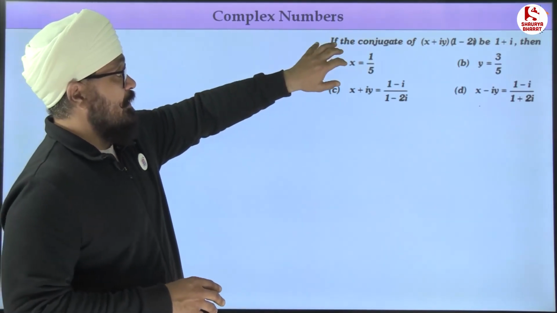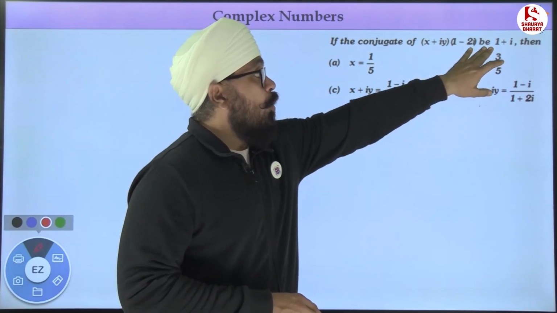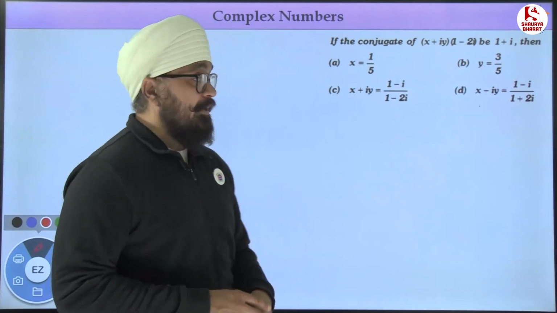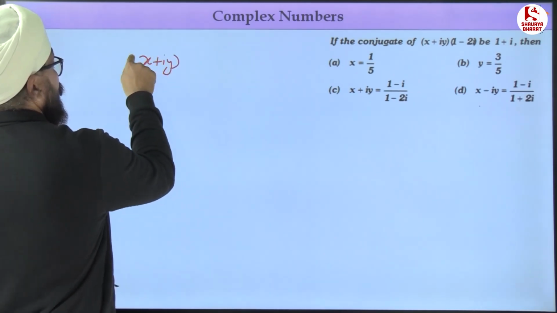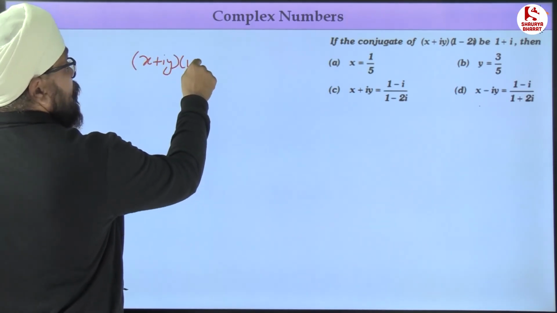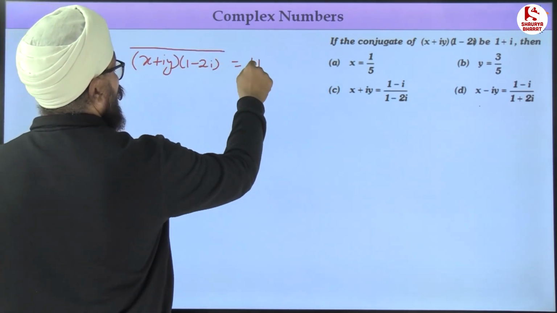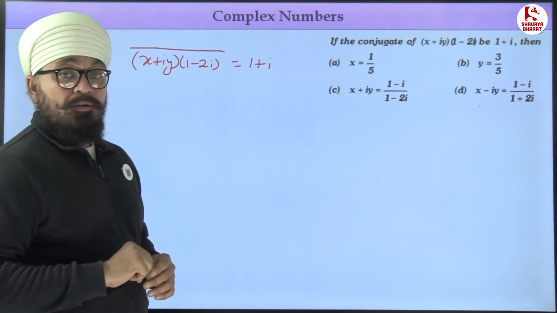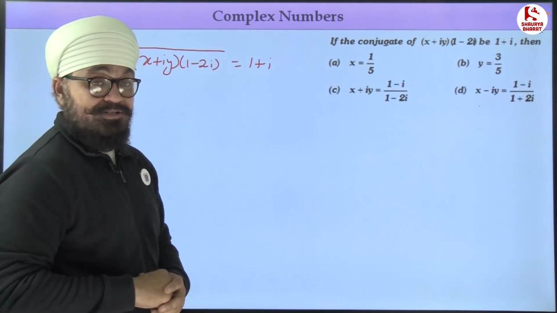This question says, if the conjugate of this product, x plus iota y and 1 minus 2 iota, conjugate of this is equal to 1 plus iota, then we have to check which of the following statements is true.